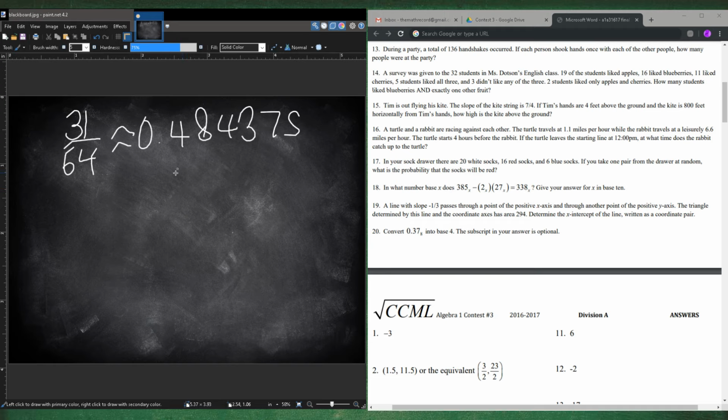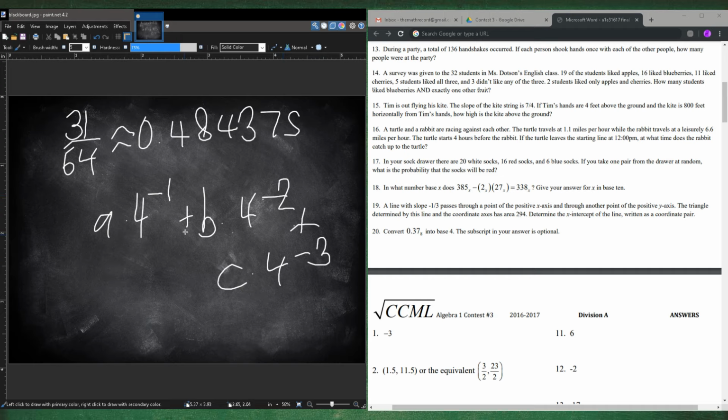Since this is a fraction, it has to be in the decimal places. So can it have 4 to the negative 1? It's supposed to be a times 4 to the negative 1, plus b times 4 to the negative 2, plus c times 4 to the negative 3, etc. So we're just going to see if this is possible.